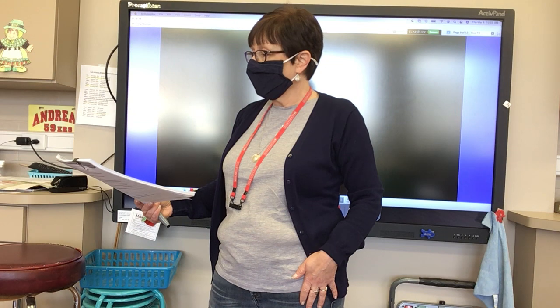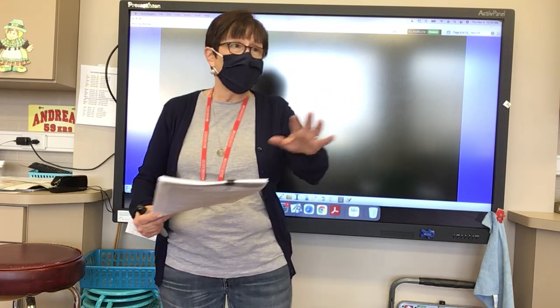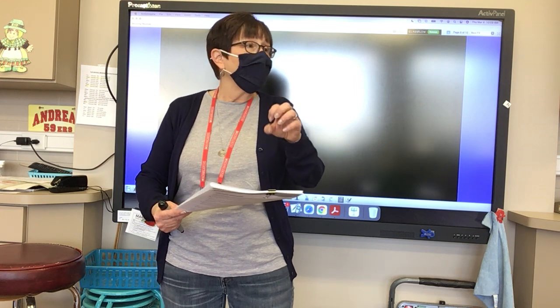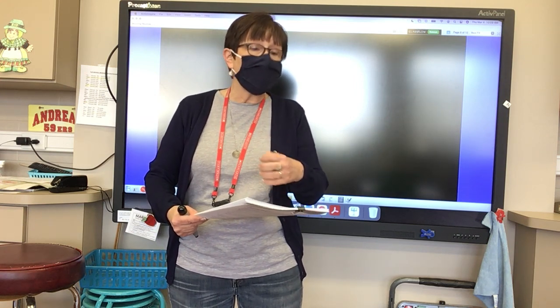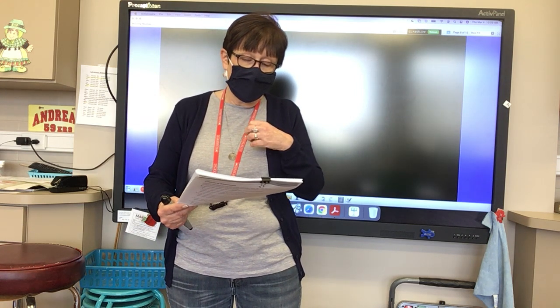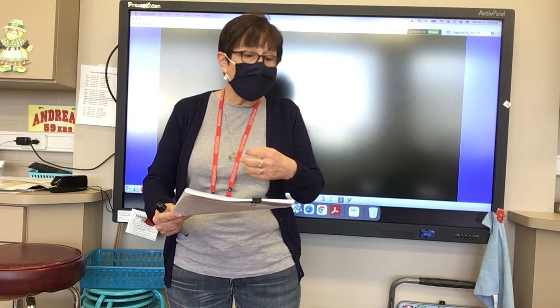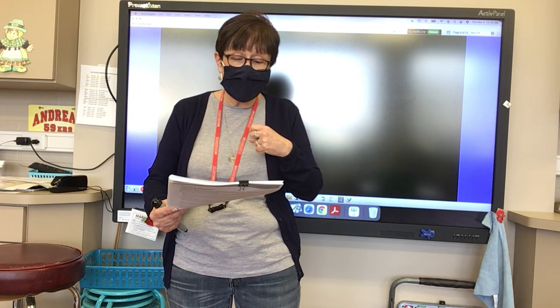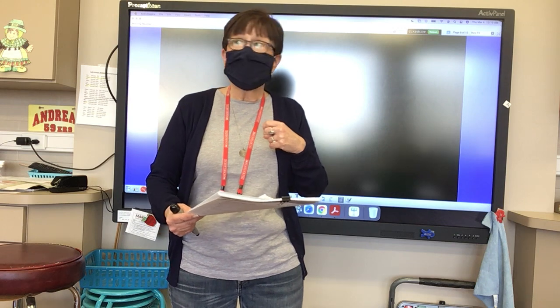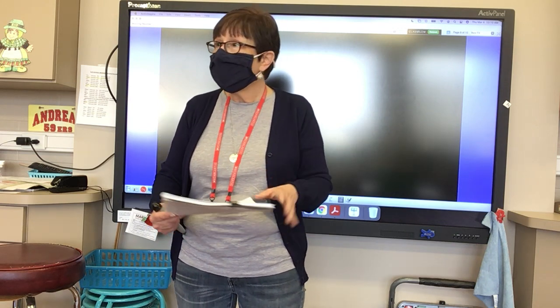Add the suffix to each base word below to make a new word. Then use the words to finish the sentences. And we'll have to be careful about words that end in E, maybe a word that ends in Y. So we'll have to see if we have to double any consonants.